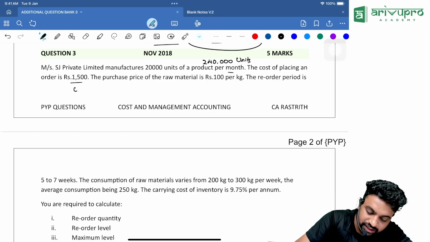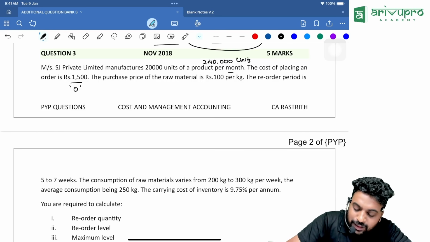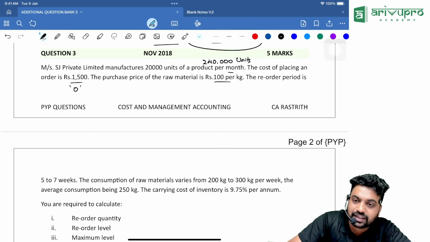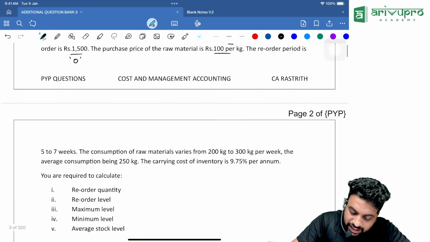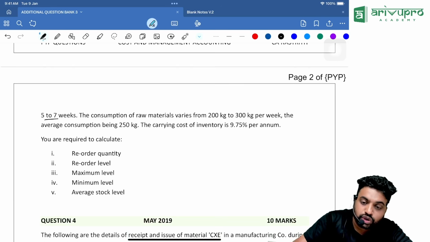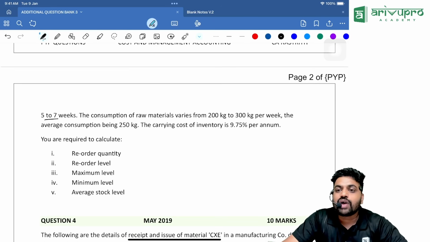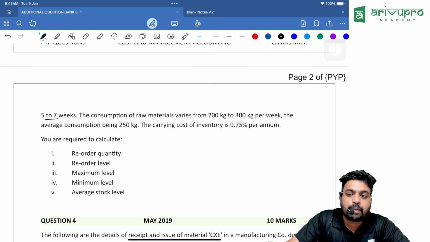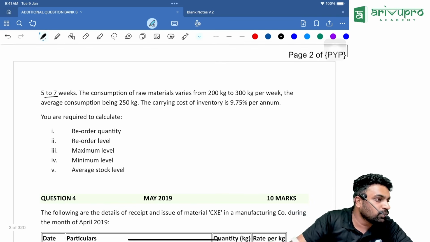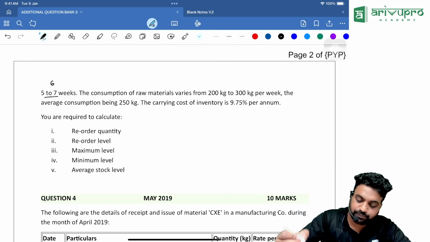This is your ordering cost. The purchase price of the raw material is rupees 100 per kg. The reorder period is 5 to 7 weeks. So minimum reorder period is 5. Maximum reorder period is 7. So average reorder period is 5 plus 7 divided by 2, which will come to 12 by 2, 6 weeks.